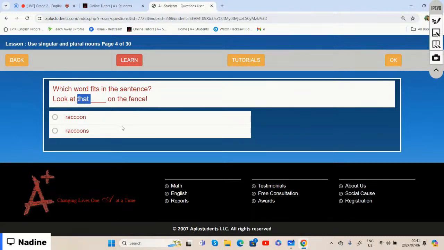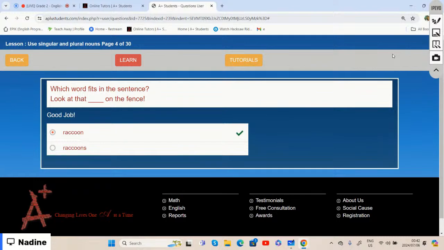All right, so we can say look at that raccoon because the word that comes in front of something that refers to one, either one person, animal, place, or thing. So that raccoon, one raccoon.